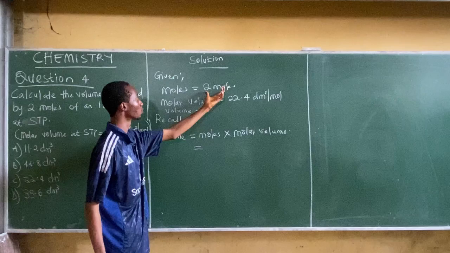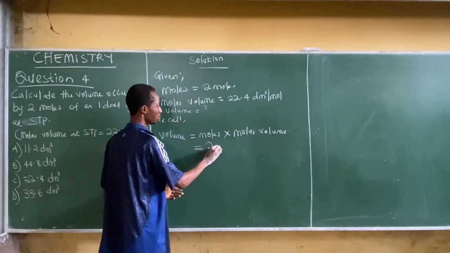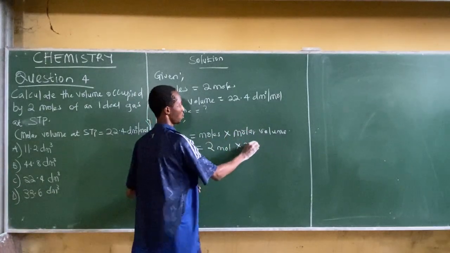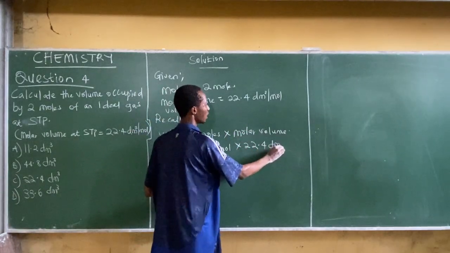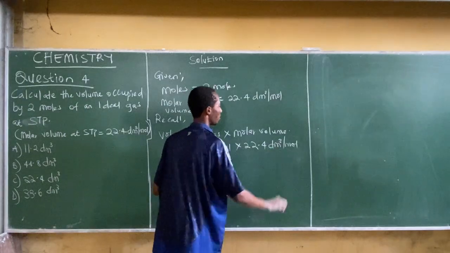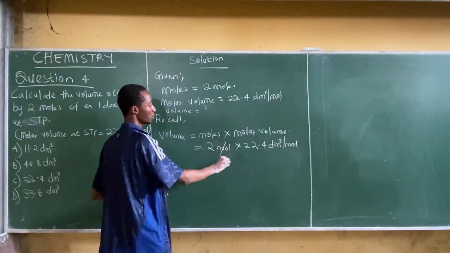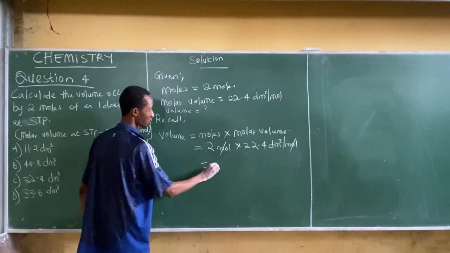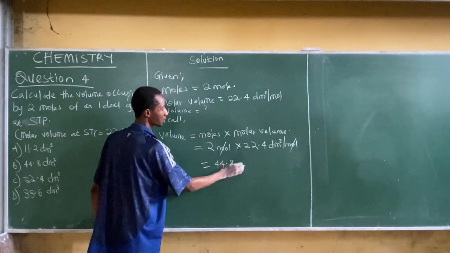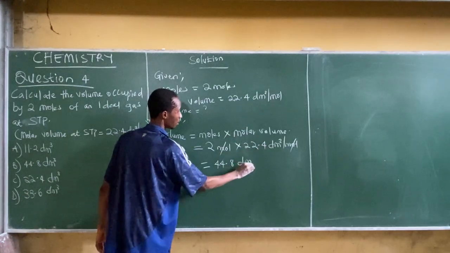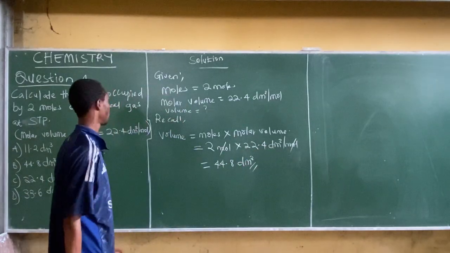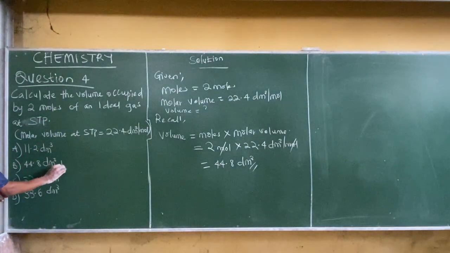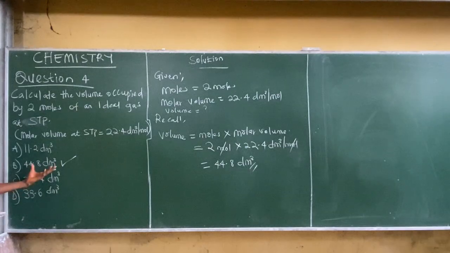From the question, we have 2 moles times the molar volume, 22.4 dm³ per mole. This will take away this. 2 times 22.4 will give us 44.8, the unit dm³. This is the final answer. Now when you come to this option, option B is the correct option. It has 44.8 dm cube.